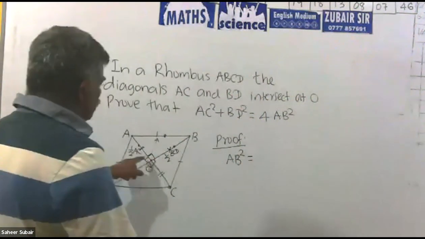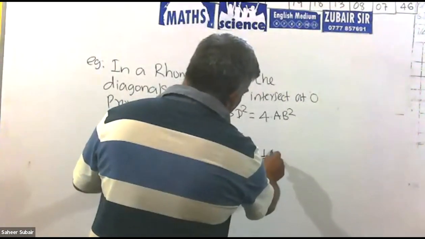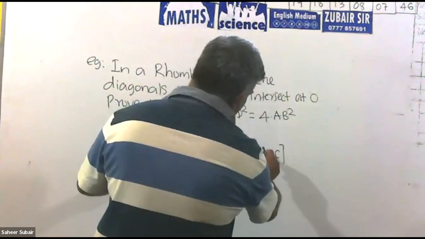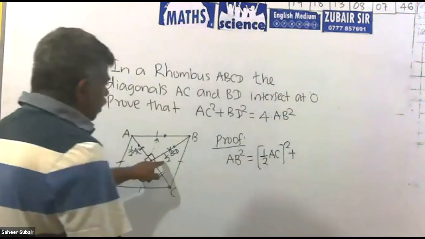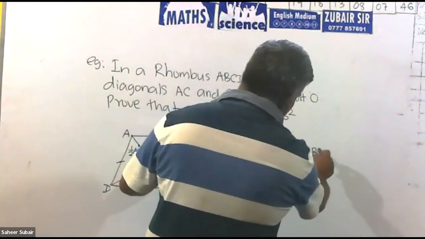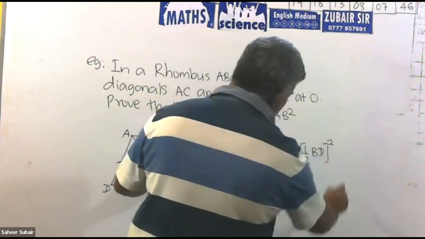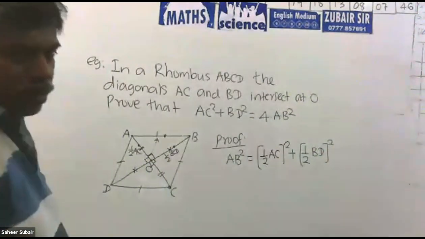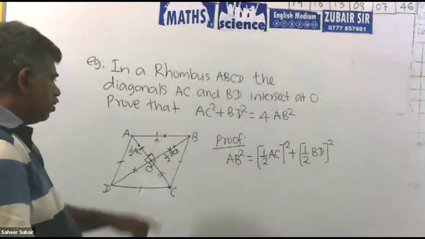One side is half AC, so half AC squared, plus the other side is half BD, so half BD squared. This is only Pythagoras theorem in this triangle.